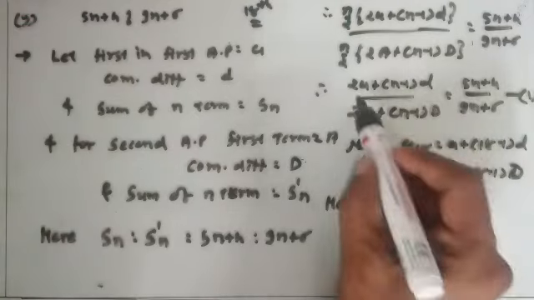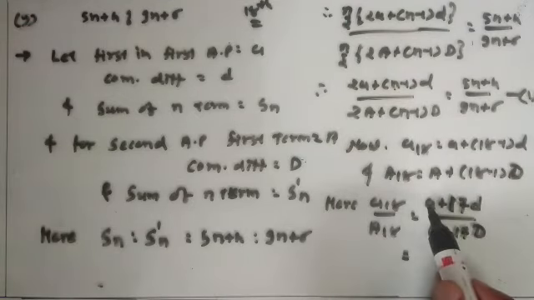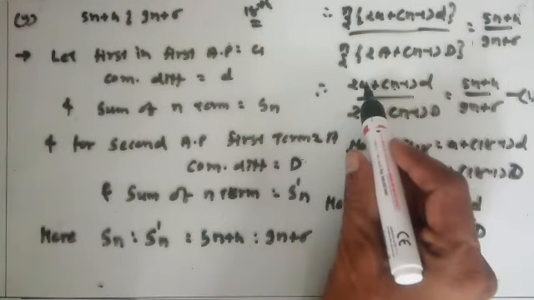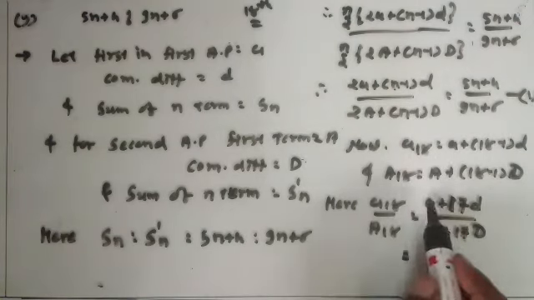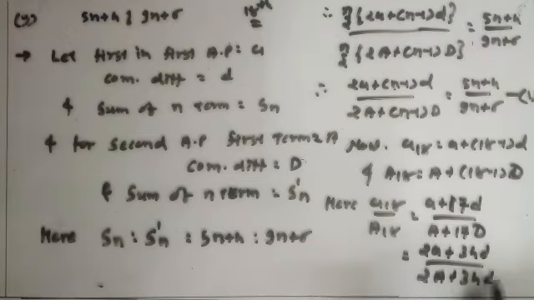Now get this in the form 2a plus n minus 1 into d. Here the coefficient of a is 2, and here also the coefficient of A is 2. So multiply both by 2, and we get 2a plus 34d upon 2A plus 34D.